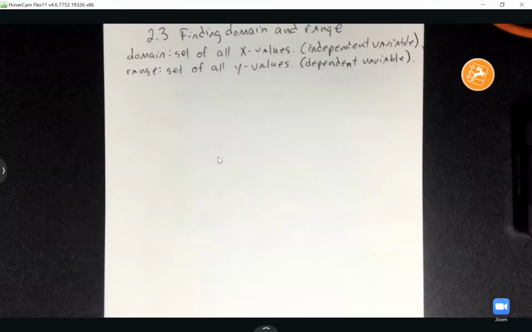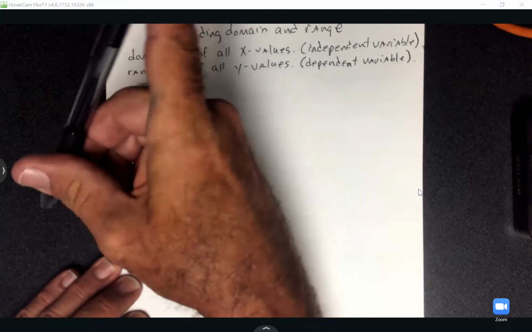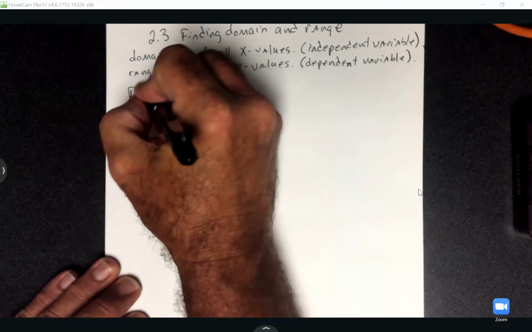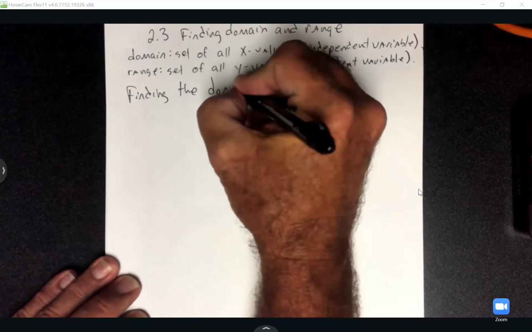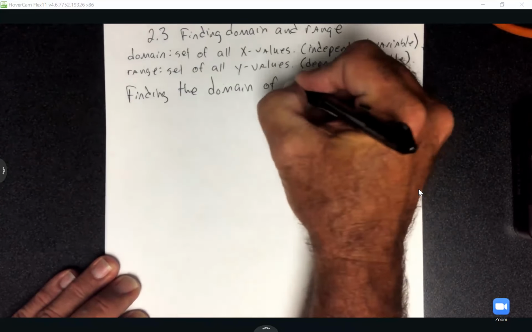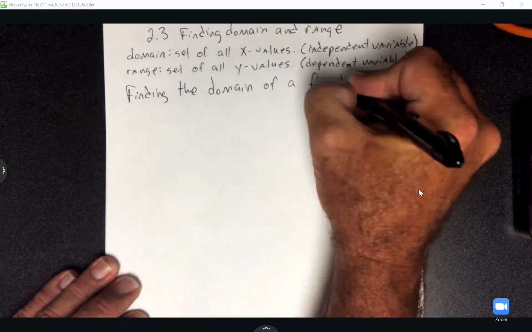So that question was really designed to show y'all graphically how to see these. But what we're about to get into is what we call finding the domain of a function.